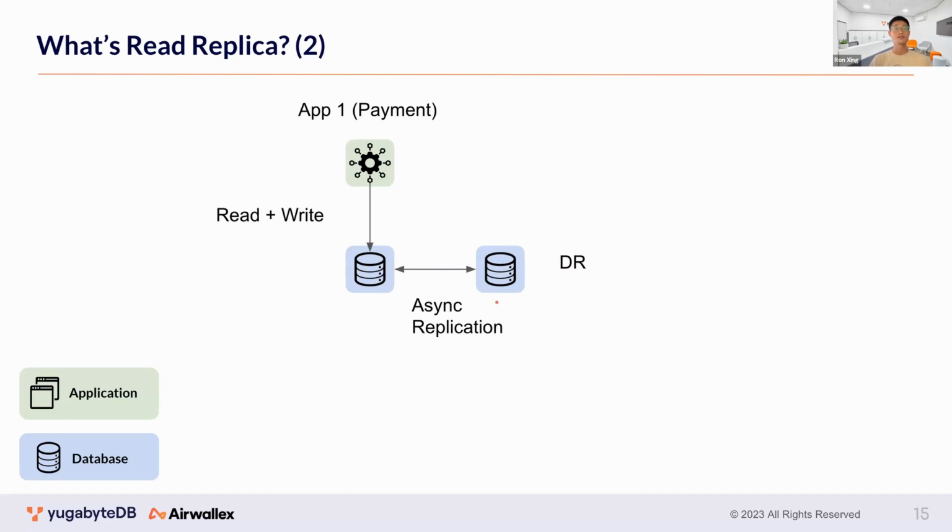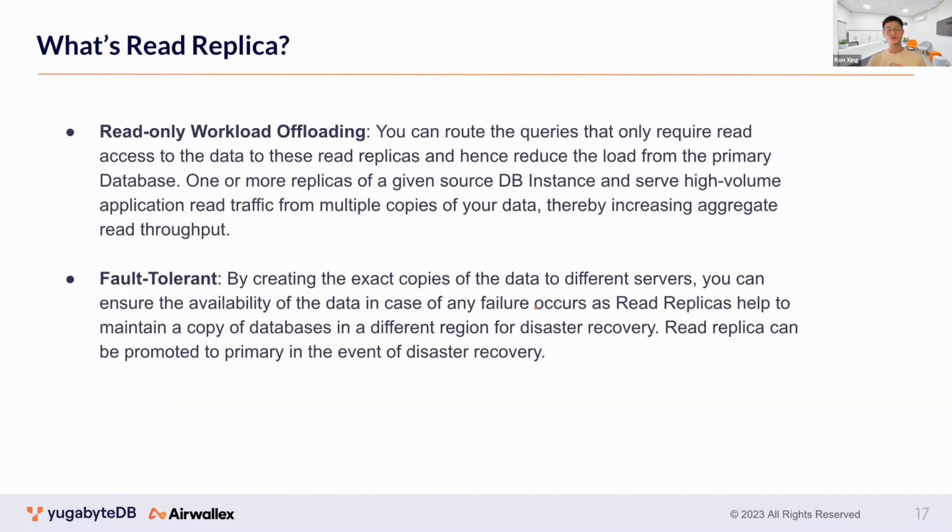But you are not using this node. In the event of failure of your primary node, this read replica can be promoted as the primary node. So your payment application can continue to read and write to the database, to make sure the downtime is minimized, right?